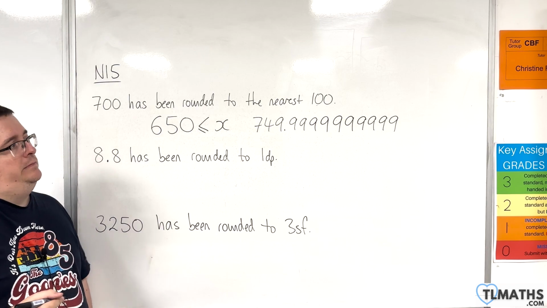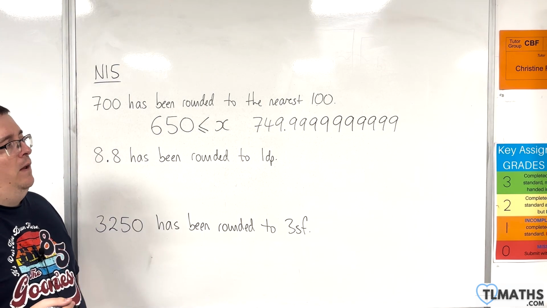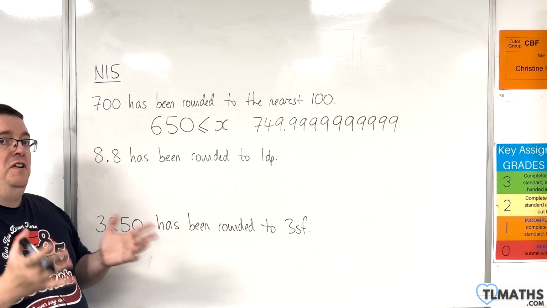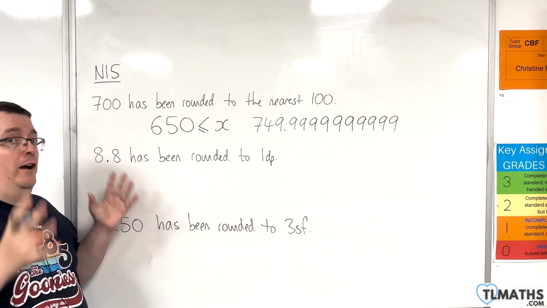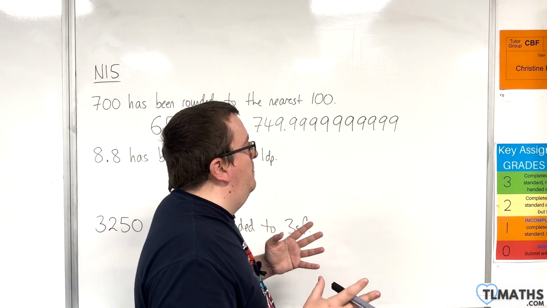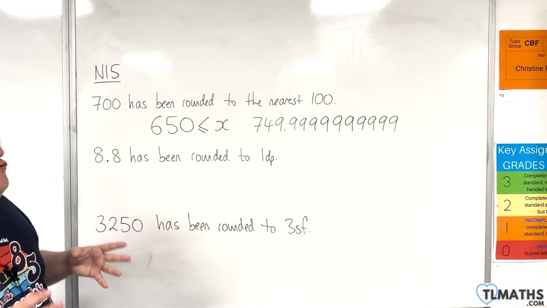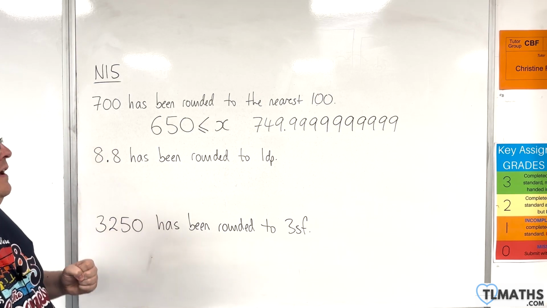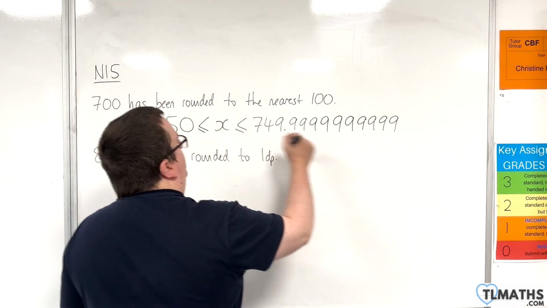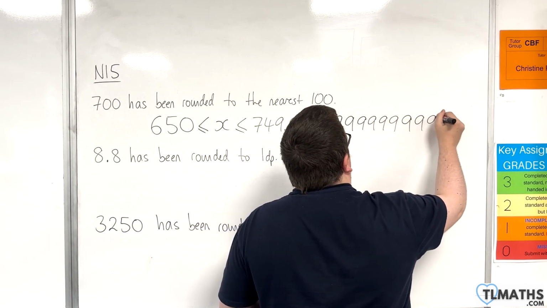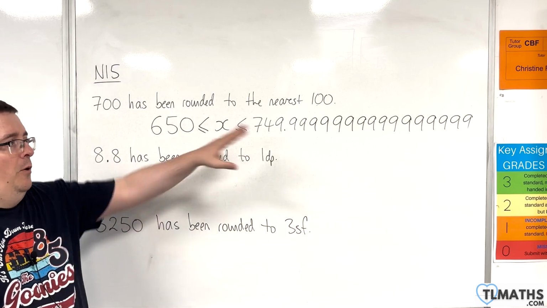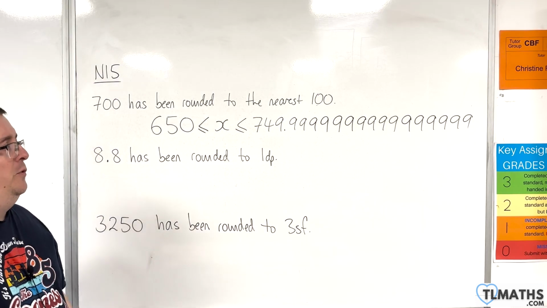So I can't actually write down the largest number that would force me to round down to 700. Because there's no end in sight, I'd have to keep on going past the board.